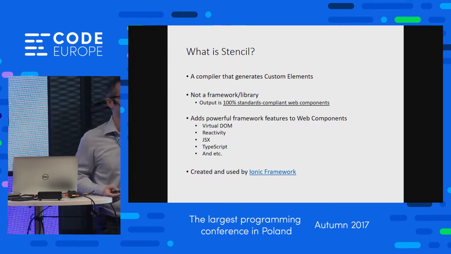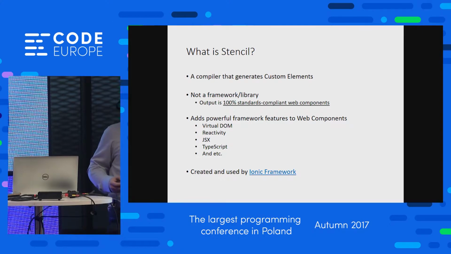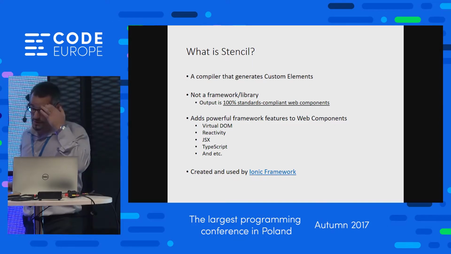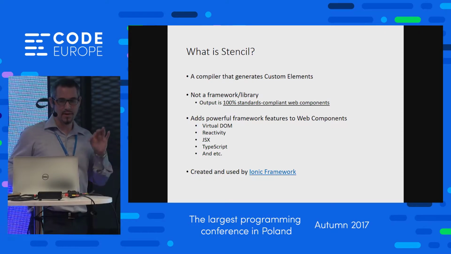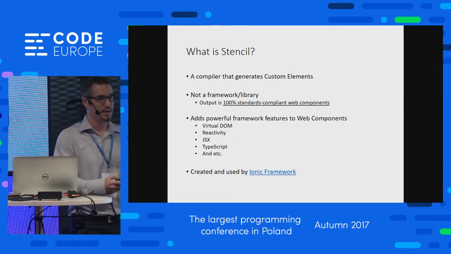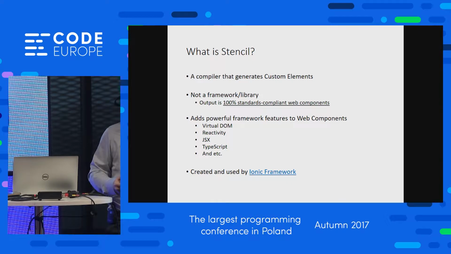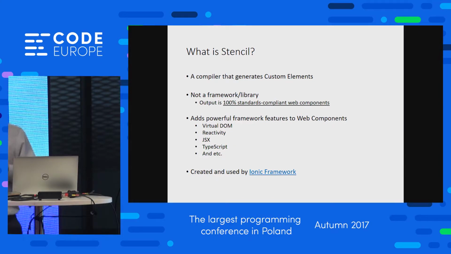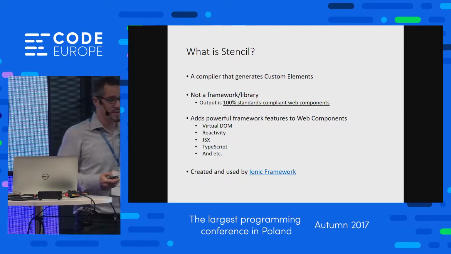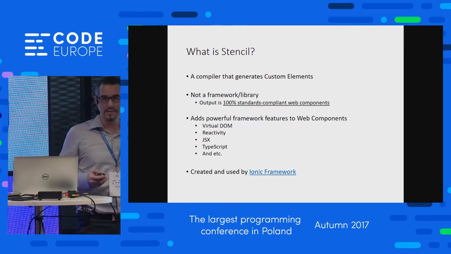So if you come from a React background, it will be easy for you to adapt to Stencil. If you come from an Angular background, it will also be easy for you because you have both TypeScript and the API of Stencil. Later on, we'll see that, and you will understand what I'm talking about. So as I said, Ionic is shifting its entire core into Stencil components, and it's only 6 kilobytes, okay?